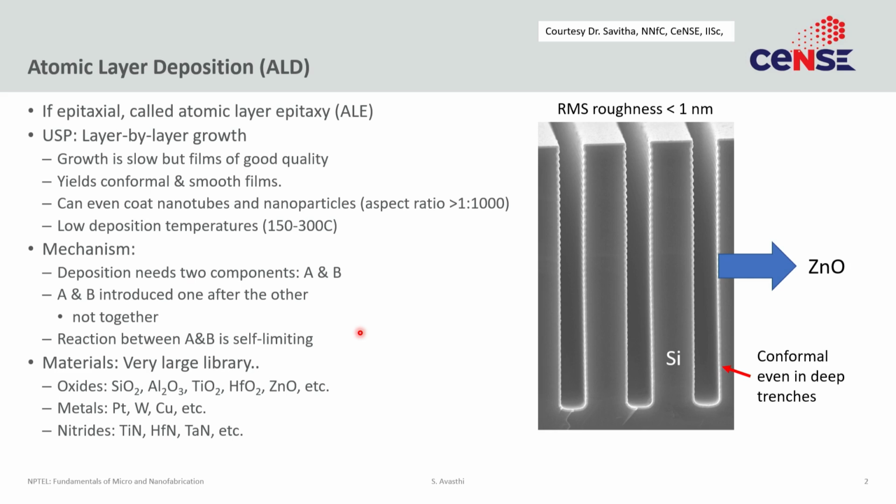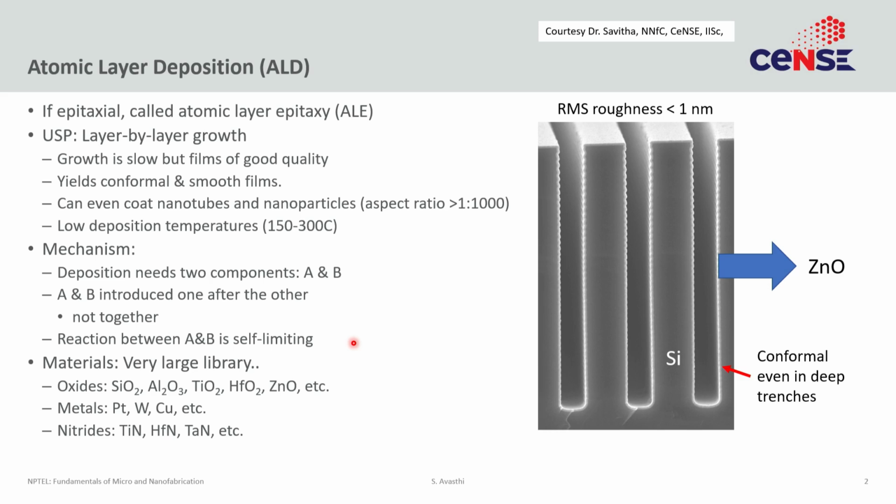That is not what happens in ALD. Once you flow precursor A, you form a certain layer on top, but that layer is self-limiting. It doesn't grow in thickness the longer you flow the gas. Only when you send precursor B does the chemical reaction complete and you form a monolayer of the material you want to deposit. If this is not making sense, please wait a minute. We will spend a lot of time understanding this exact mechanism in the following slides.